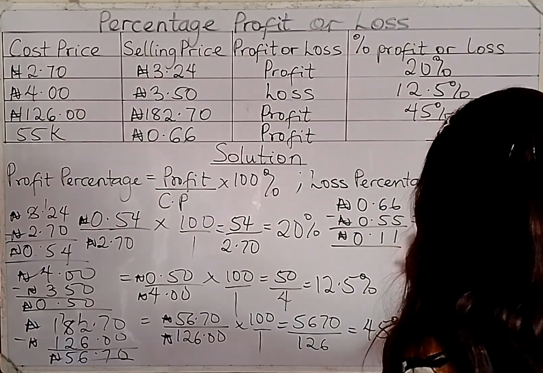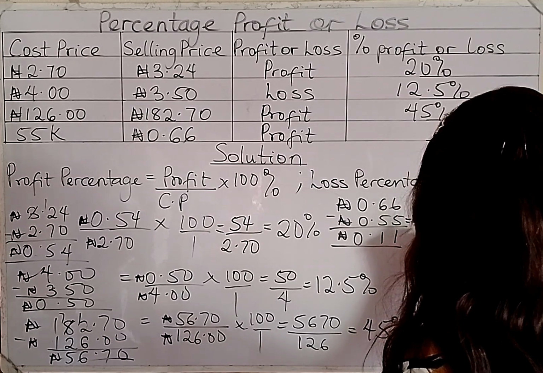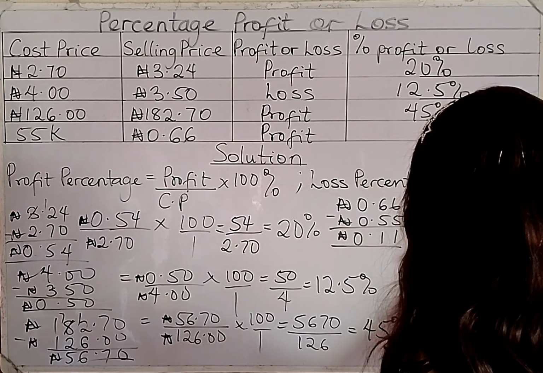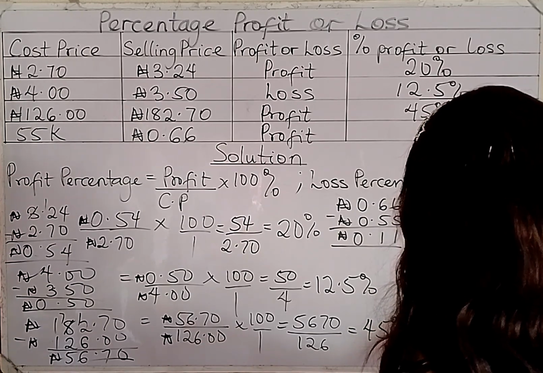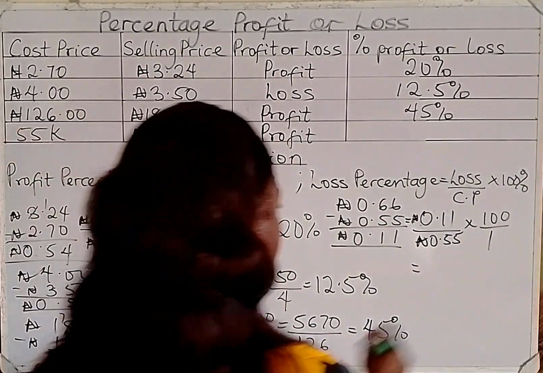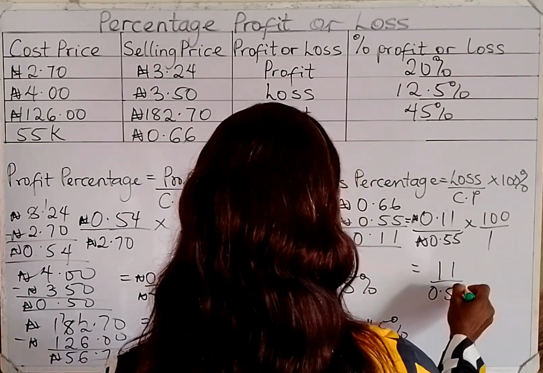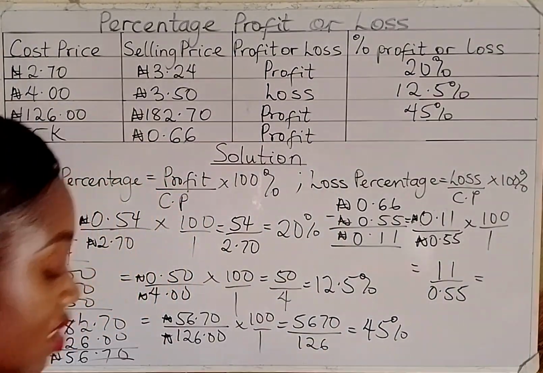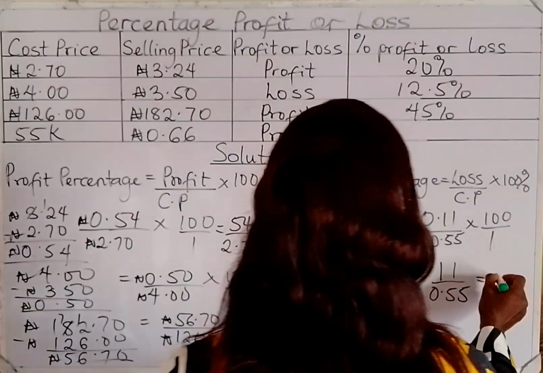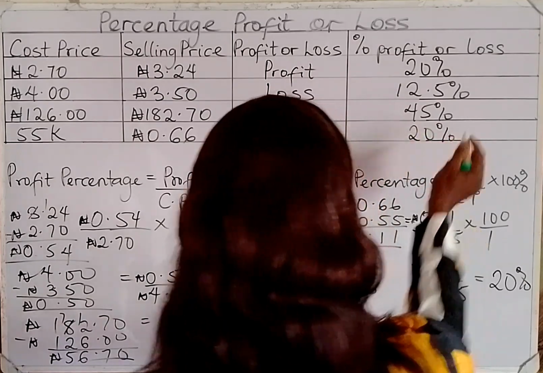So this becomes 0.11 divided by the cost price, 55 kobo, times 100 over 1. So we want to find out the percentage profit, and this is 11 over 0.55. So what is 11 divided by 0.55? That's 20%. So the person made a profit of 20%.